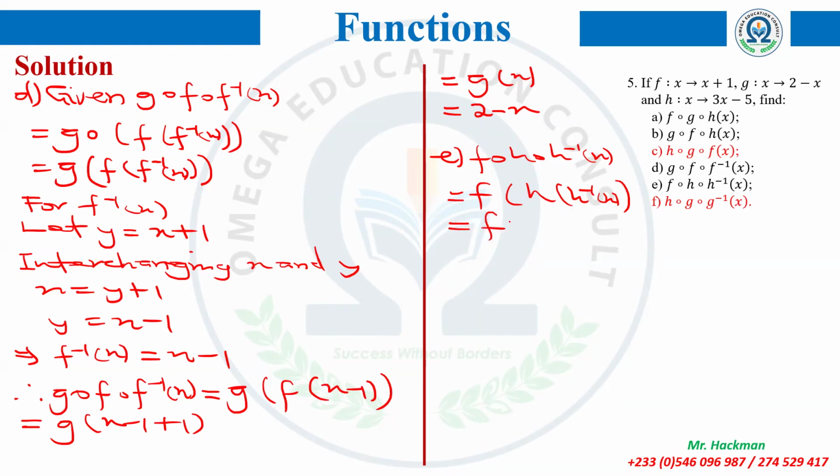So this will be equal to f of a certain result. Anytime you find the composite of a function and its inverse, what did we say the result should be? x. So without struggling, you know as a statement of fact that what you have in brackets here will be x. Please come again.